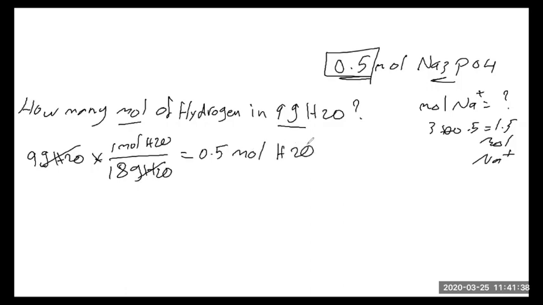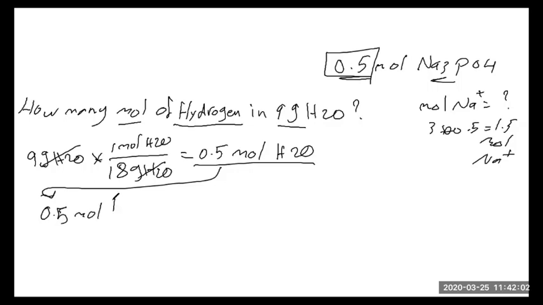Okay. Now, be careful. Look at what they are asking. They are asking how many mole of hydrogen. And here, what you get is 0.5 mole water. So be careful with this type of question. You need an extra step. So here it will be 0.5 mole water multiplied by 2.